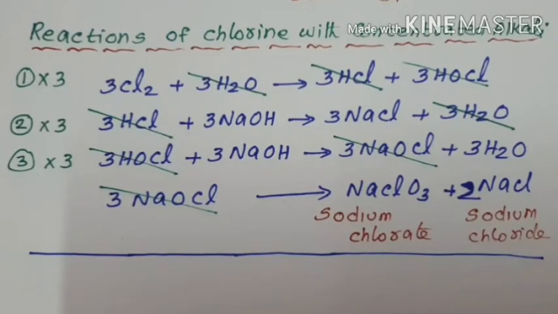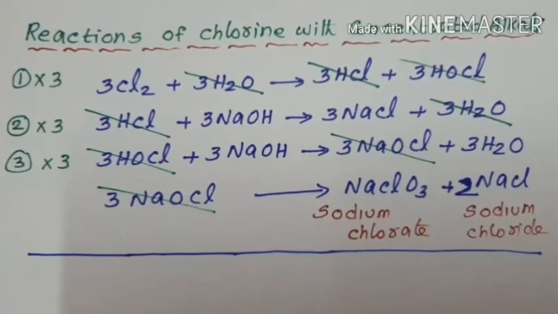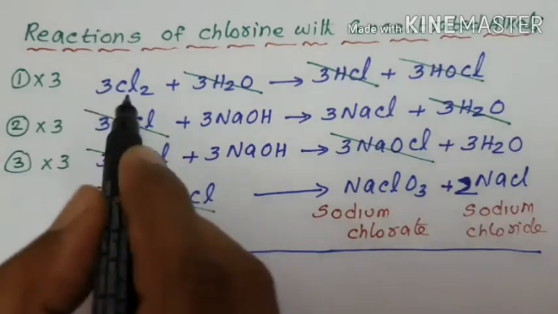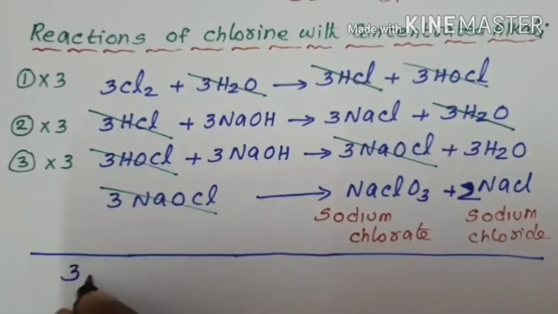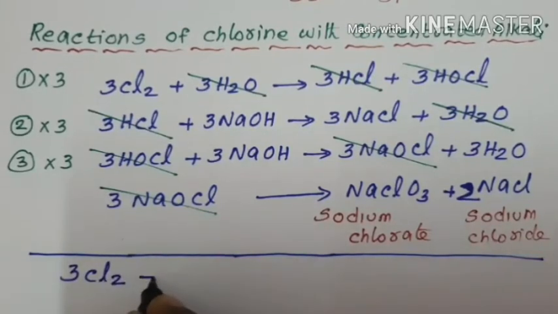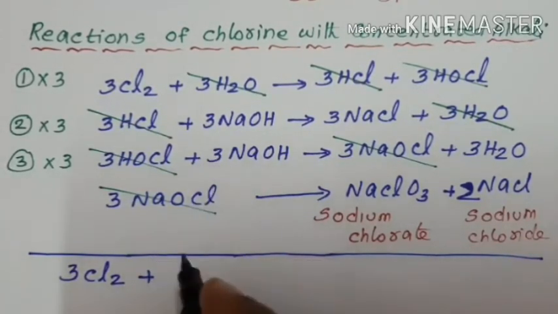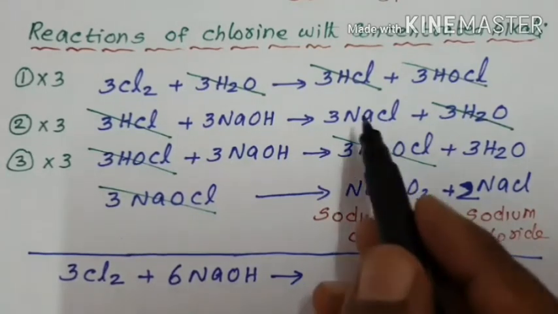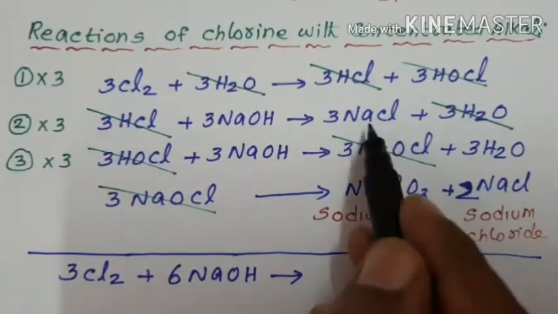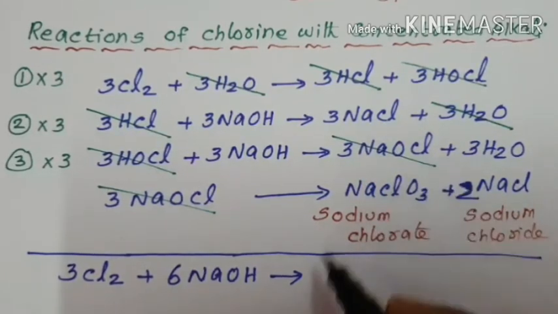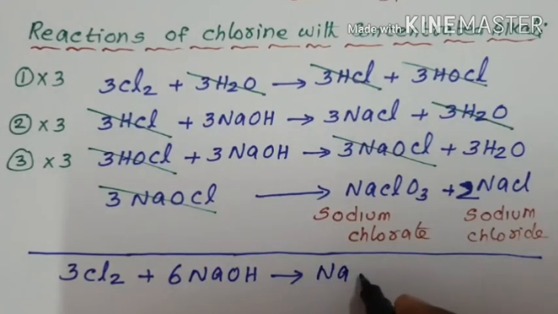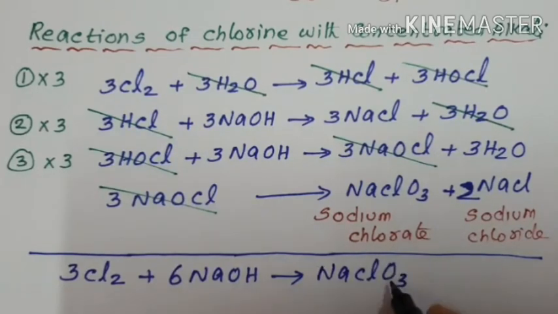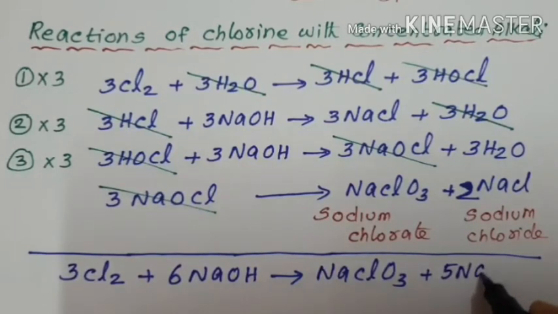Now we are going to write the final reaction. A very easy reaction. 3 molecules of Cl2 plus 6 molecules of sodium hydroxide NaOH gives NaClO3 sodium chlorate plus 5 molecules of NaCl.